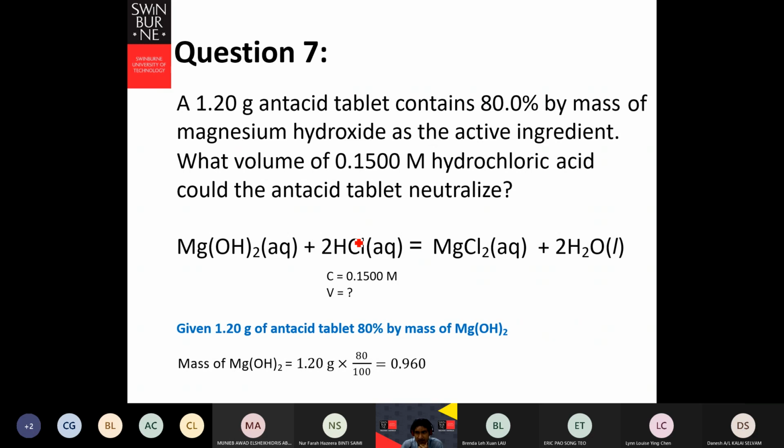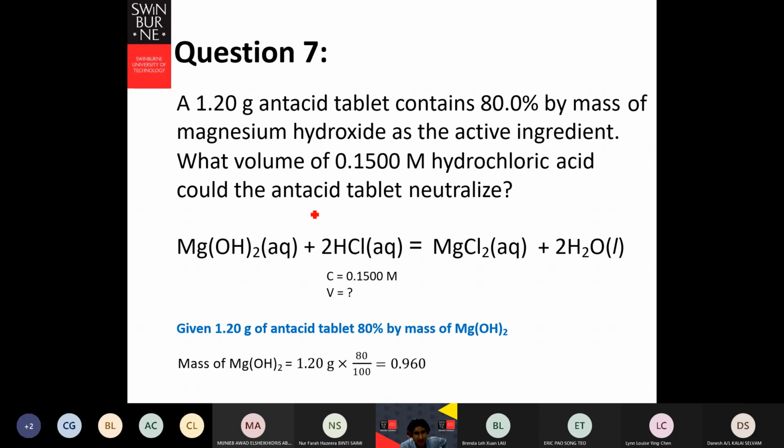Okay, so this is another problem, which is a 1:2 reaction. We must find out: a 1.2 gram antacid tablet contains 80% by mass of magnesium hydroxide as the active ingredient. What volume of 0.15 molar hydrochloric acid could the antacid tablet neutralize? The antacid tablet is the same thing that we take for acidity.